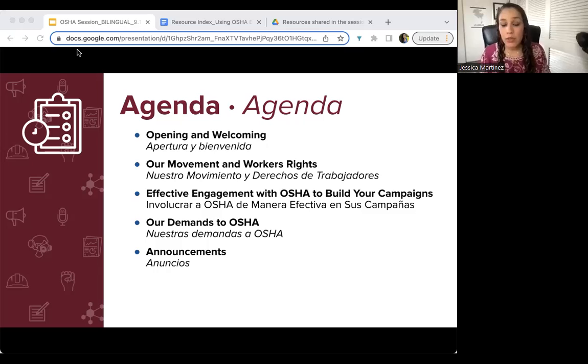Towards the end of the call, we'll be sharing some of our demands to OSHA. We want to make sure that OSHA continues to be an effective agency, that it is present, that it's doing its work of enforcement, putting pressure on employers to develop good programs around workplace health and safety. And then we'll finalize the session today with some announcements.